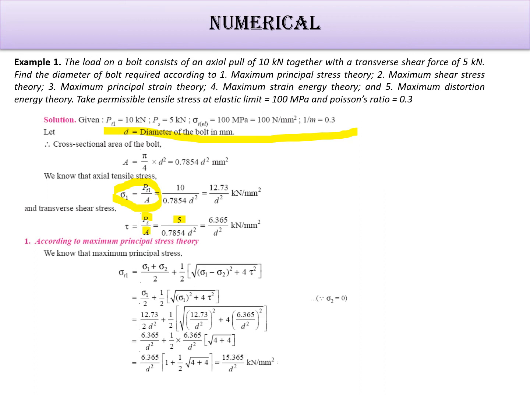Now by solving this we get 15.365 kilonewton per mm square. Now we convert this value into Newton, which is the preferable unit.